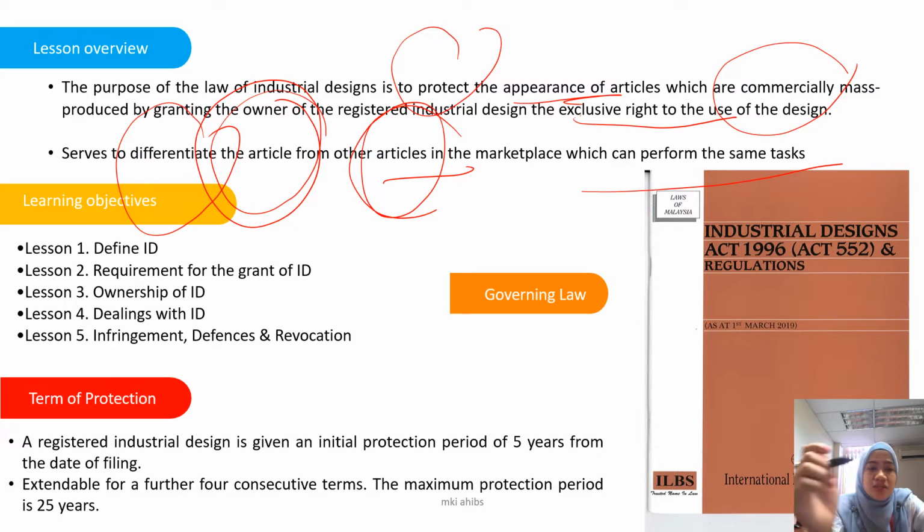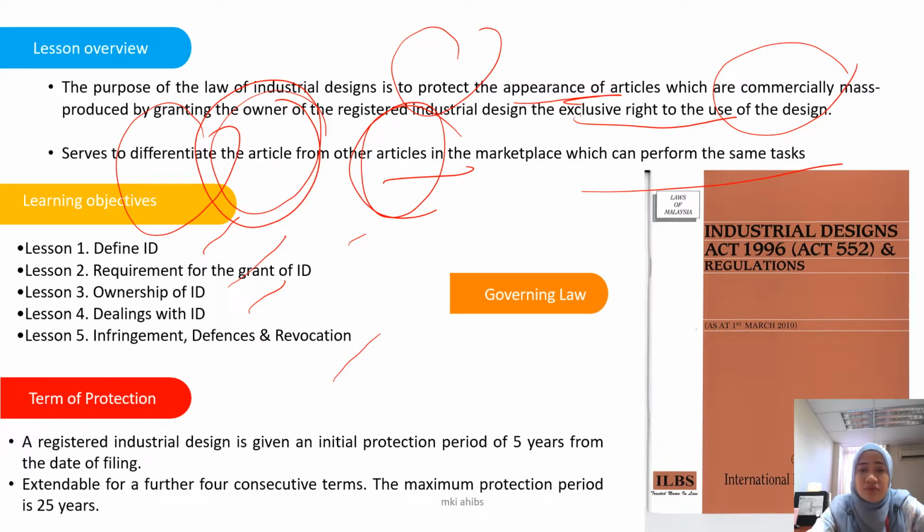Okay, so we will learn what the definition of ID is, what the requirements are for a work to be granted as ID, who owns the ID, how you deal with ID, the infringement, defenses and revocation of ID.